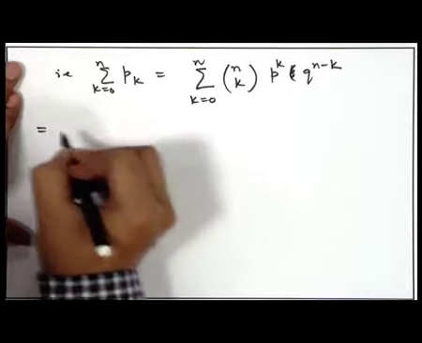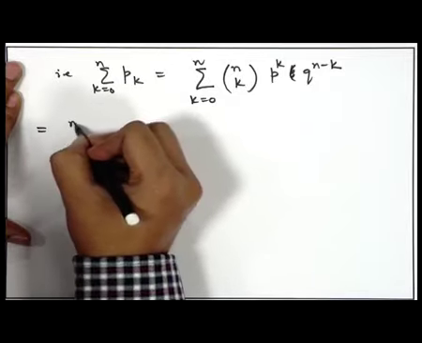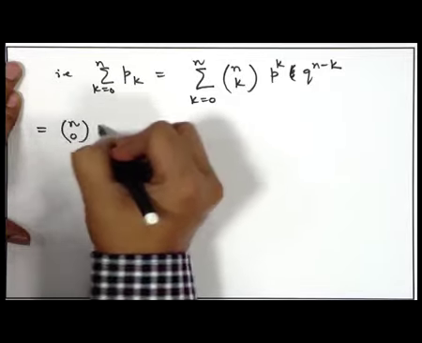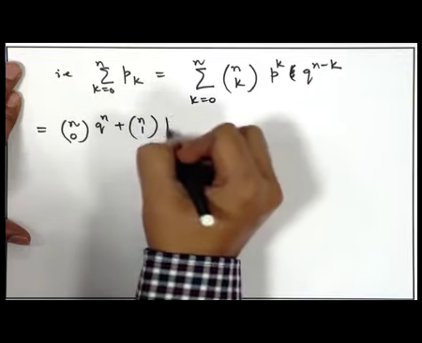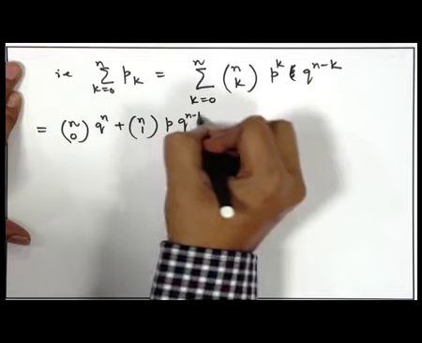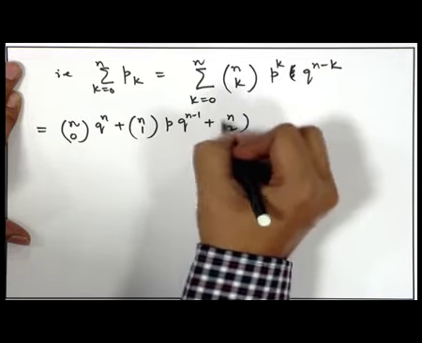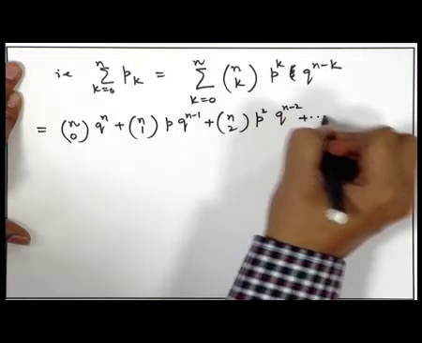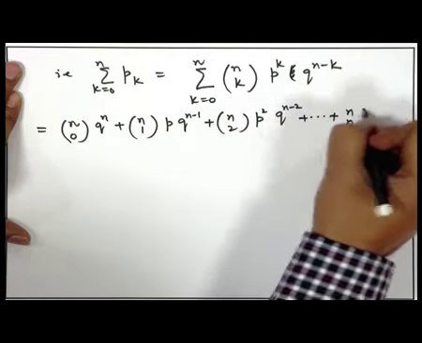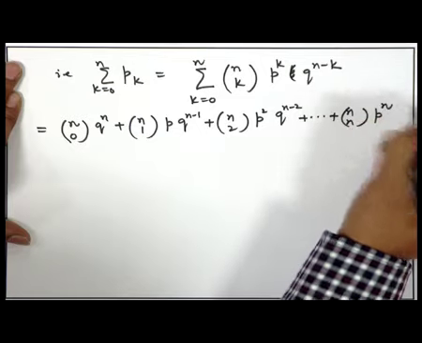If I write all the terms, it is n c 0 q to the power n plus n c 1 p q to the power n minus 1 plus n c 2 p square q to the power n minus 2 and so on, plus n c n p to the power n.